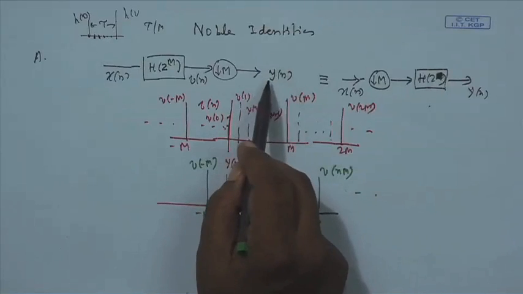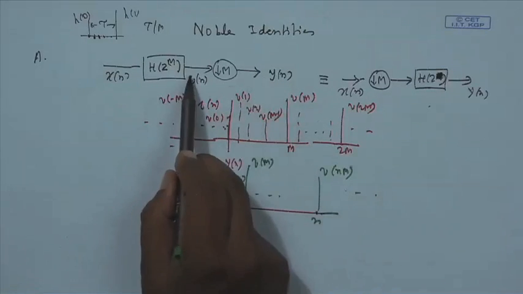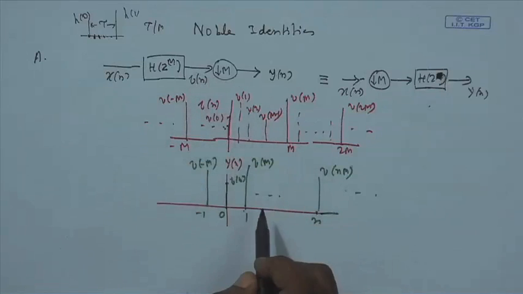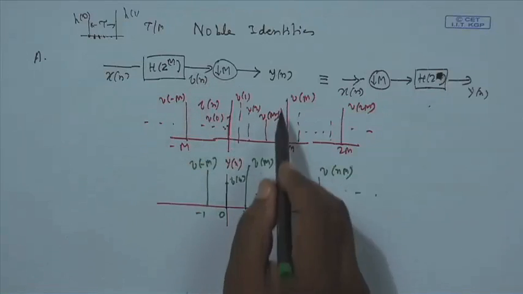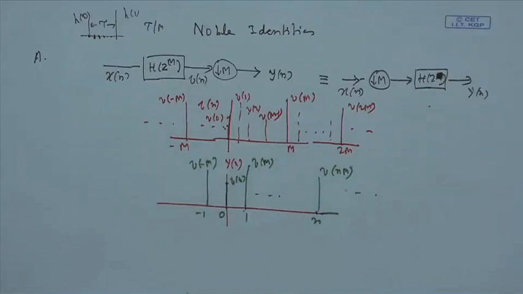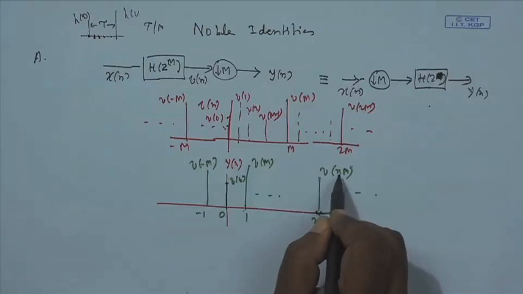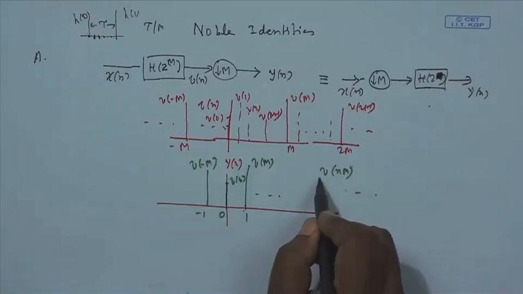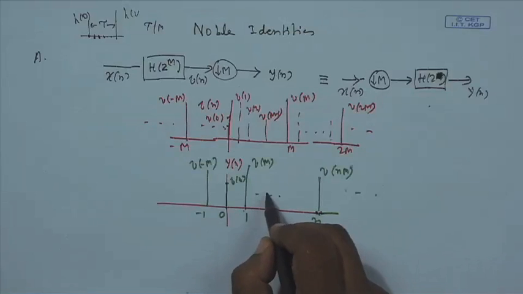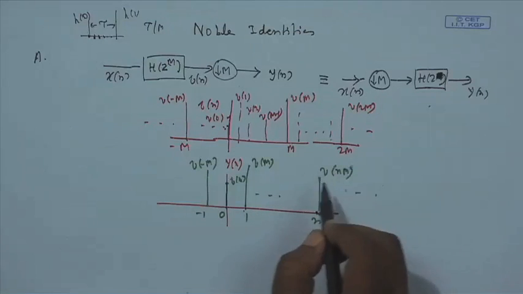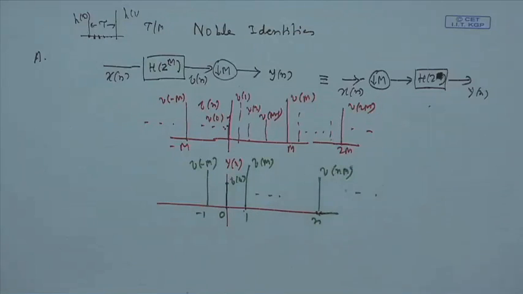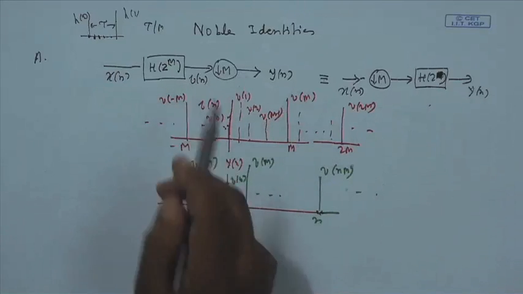So, I have to find out y n here. So, y n is nothing but this v n downsampled or decimated. So, y n after decimation of v n is this sequence. So, the general sample of this sequence, at the nth point, I have got v of nM. Okay, that is a general sample, that is v M, v 2M, v 3M, v nM. Okay. So, what is v of nM? Let us find out. But before that, what is v n?